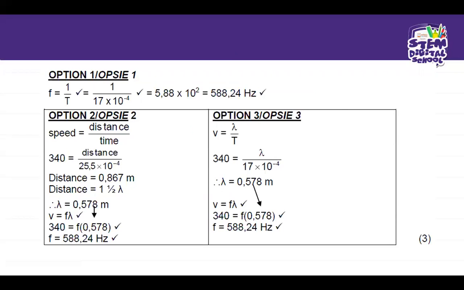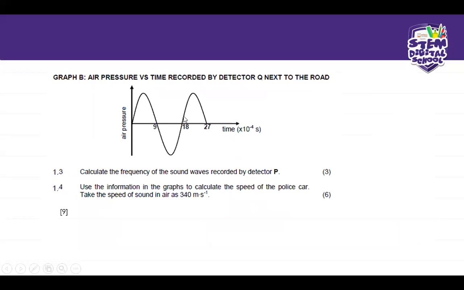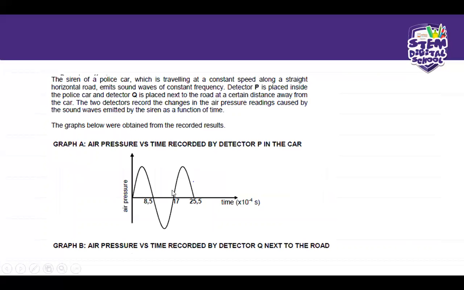The easiest option is the first one, which says frequency is equal to 1 divided by time. And in this case, the time is going to be 17, which we get from here. Remember, now we are working with detector P. So if the sound is here, it's going to be 17, right?